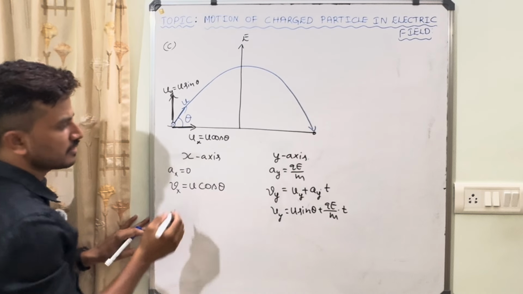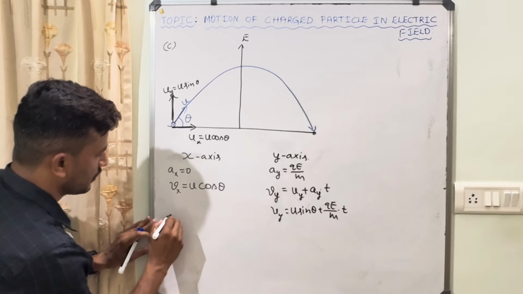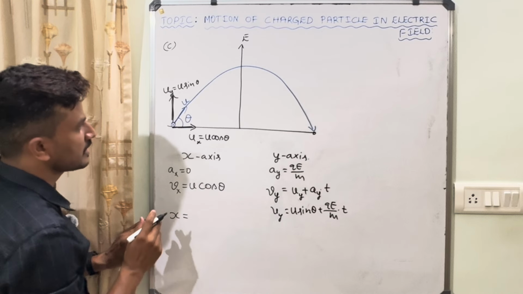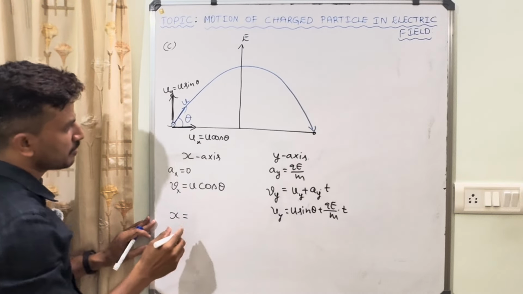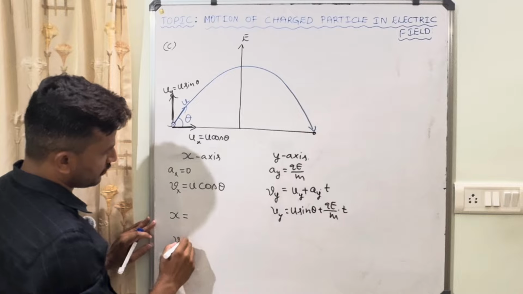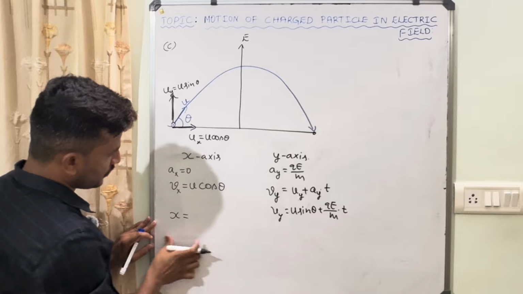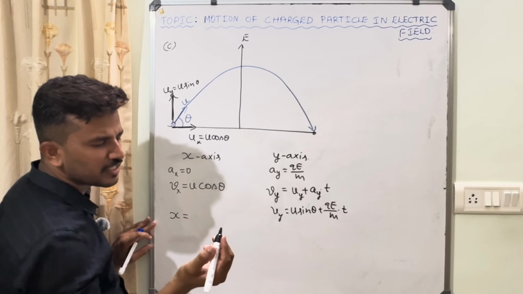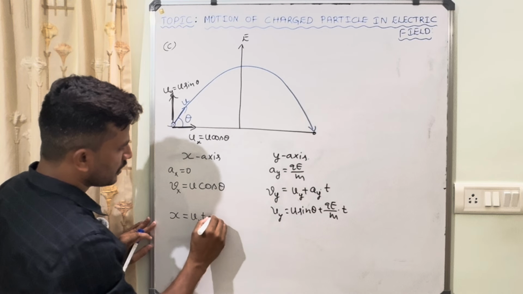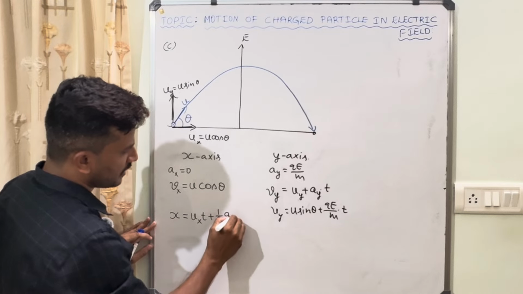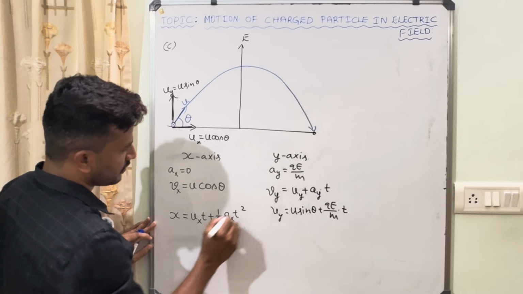Then let us discuss displacement now. Displacement along the x-axis is given by x equal to ut plus half at square, so velocity along the x-axis into t plus half a t square.